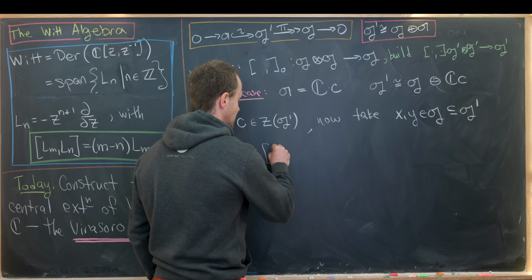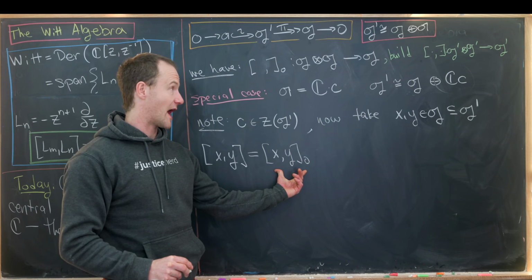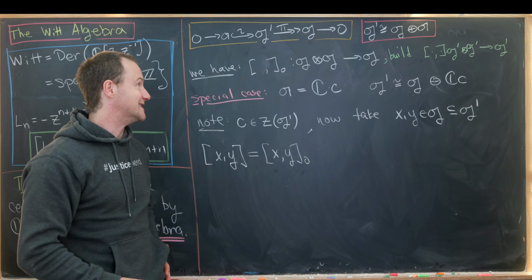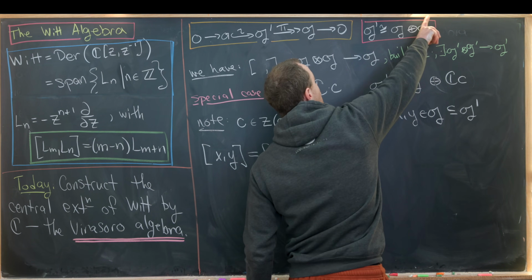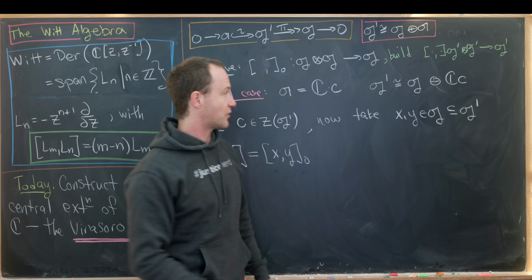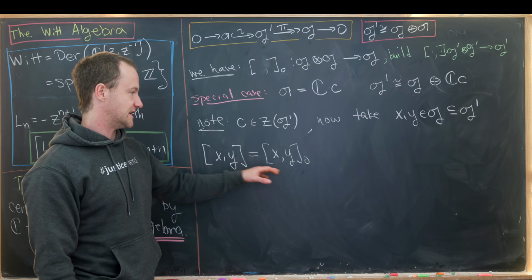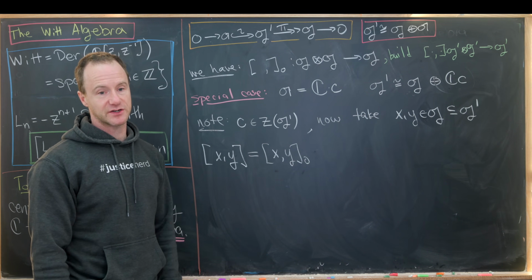It has to look like bracket XY naught, where this is the bracket inside of G, with the possible addition of something from the new component of G prime, which in this case is just one-dimensional. So that means it's this plus a multiple of our new vector.